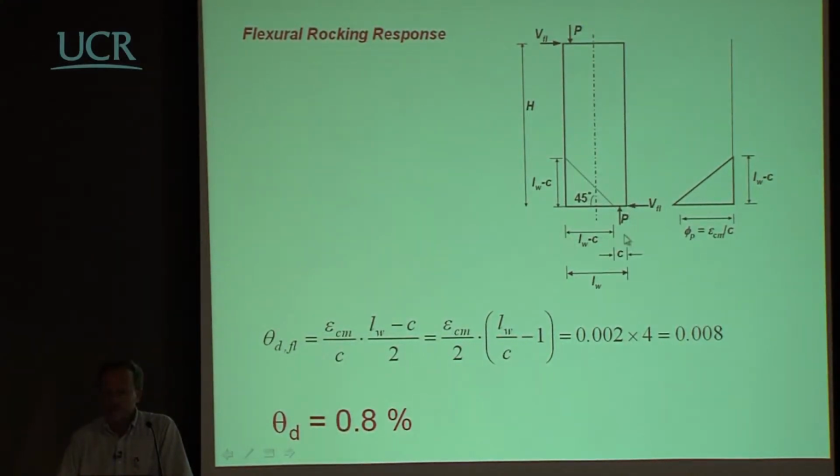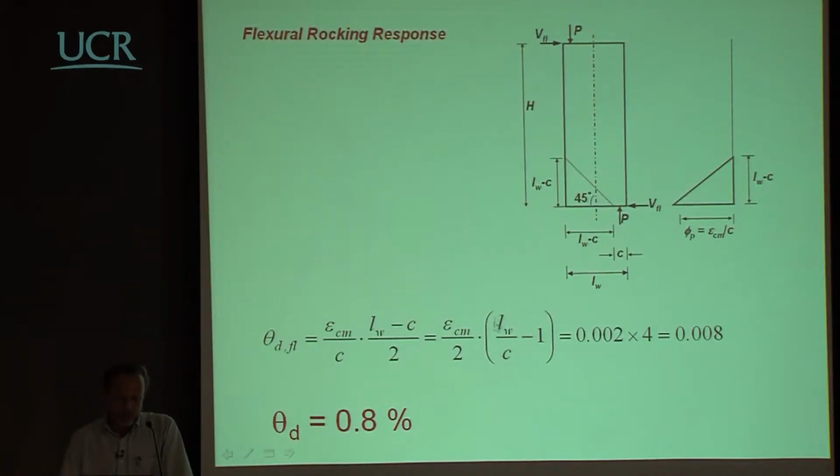You should again think in terms of a distribution of the epsilon along the base. So you put this together and you say that the total curvature is this area here. You just take this times this divided by 2, and you end up with these values here. Now if you assume, for example, a 0.4% shortening capacity of the masonry, you end up with something of this sort.